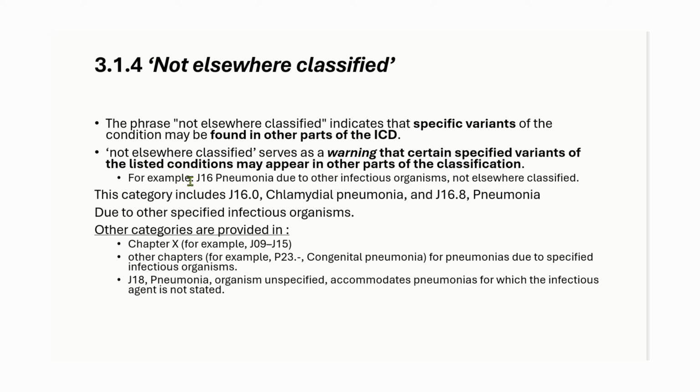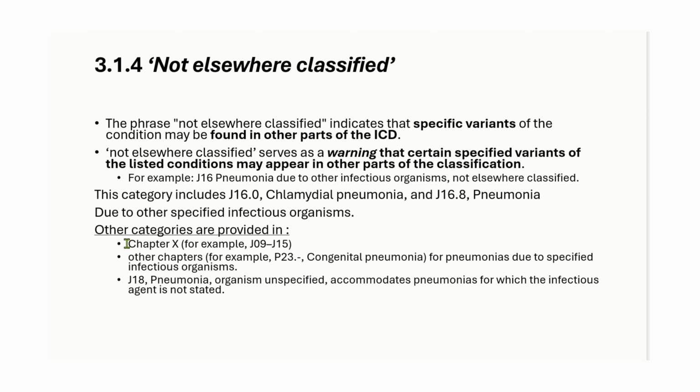For example, if you look at J16, pneumonia due to other infectious organisms, you'll find the words "not elsewhere classified," because it includes other pneumonias like chlamydia pneumonia and pneumonia due to other specific organisms.